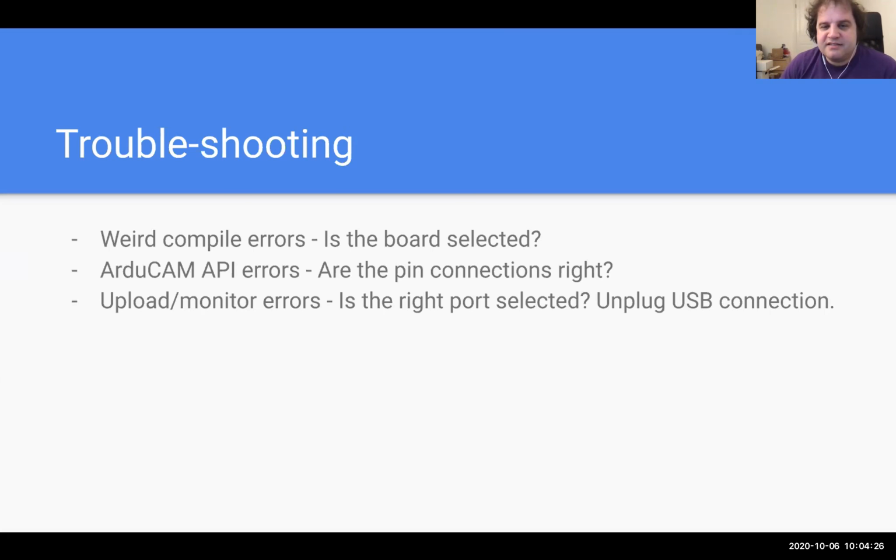Make sure that it says Arduino Nano 33 BLE Sense. It's usually in the bottom right corner, I think, of the IDE as you're getting things up and running.